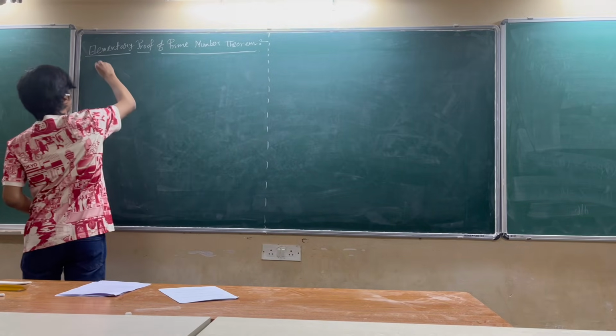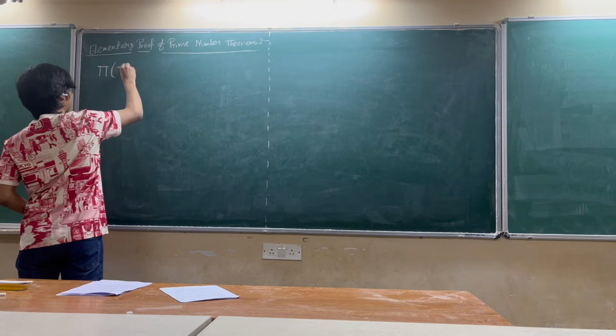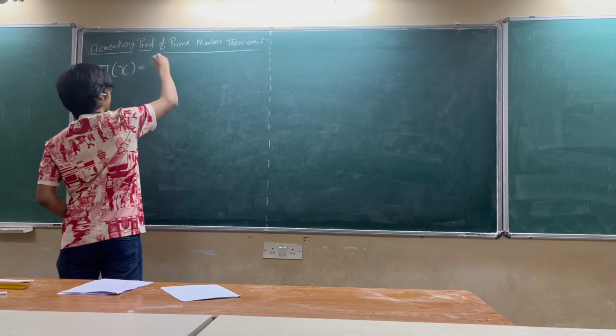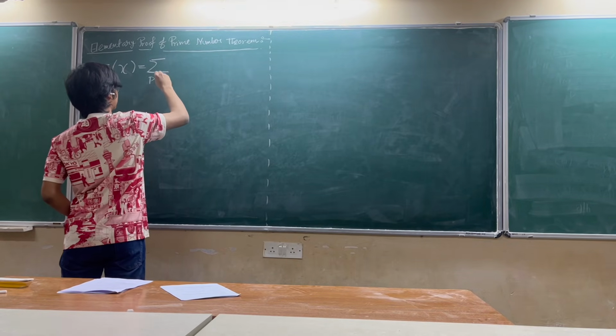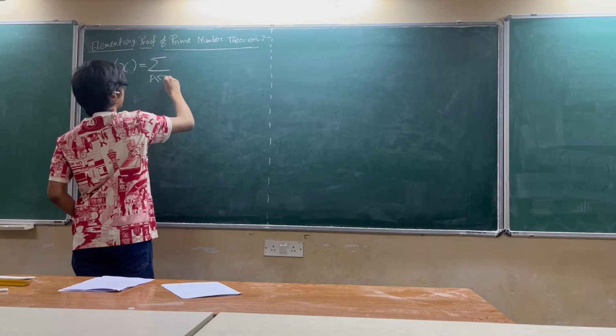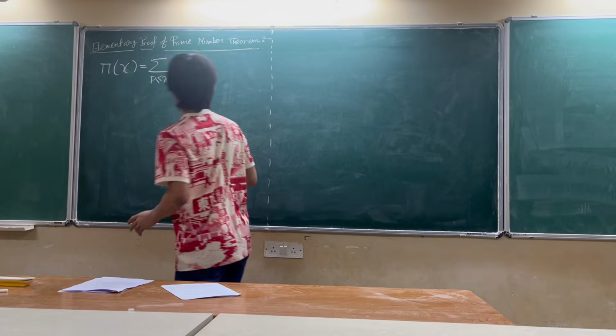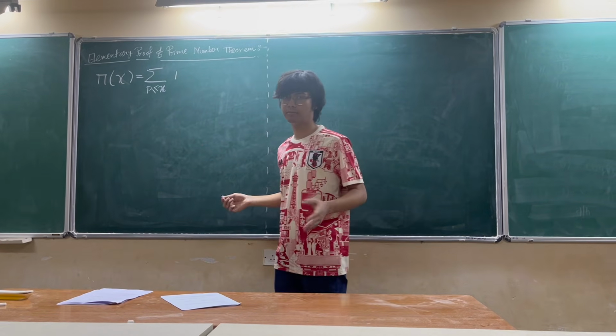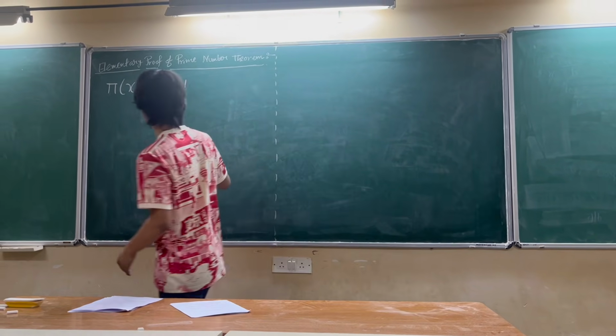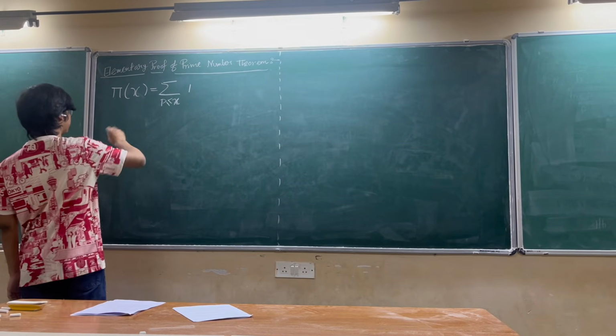So the prime number theorem begins with the function pi of x, which is basically the number of prime numbers which are less than or equal to x, which is defined as follows. Now, to study the prime number theorem in its full form, we define certain corresponding functions.